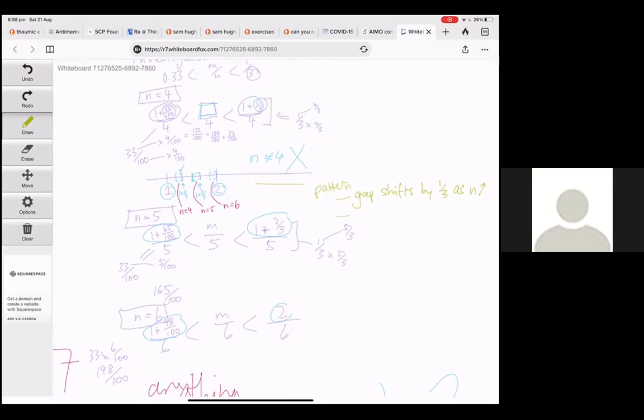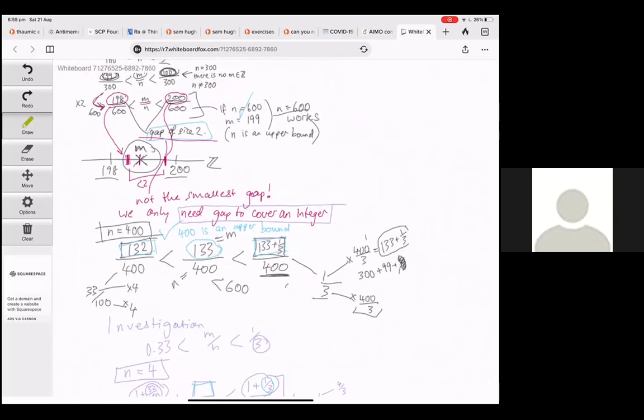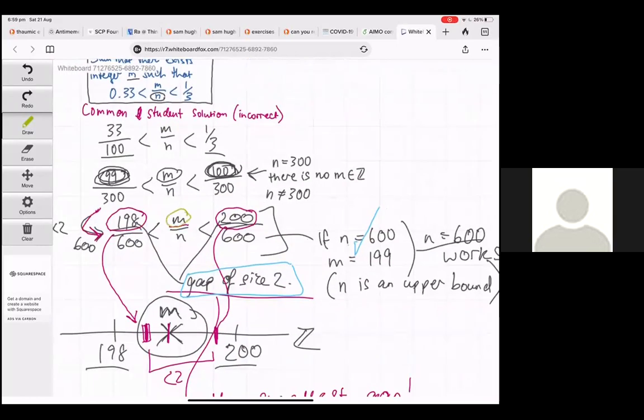And something we haven't actually investigated is the size of the gap. Because if the gap just shifted all the time and the gap never grew, obviously there would be no solutions. But we know that at some point the gap gets big enough to very comfortably squeeze in an integer. So over here, the gap was size 2.